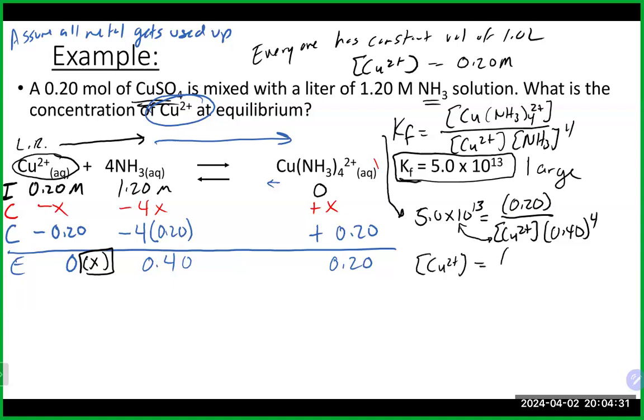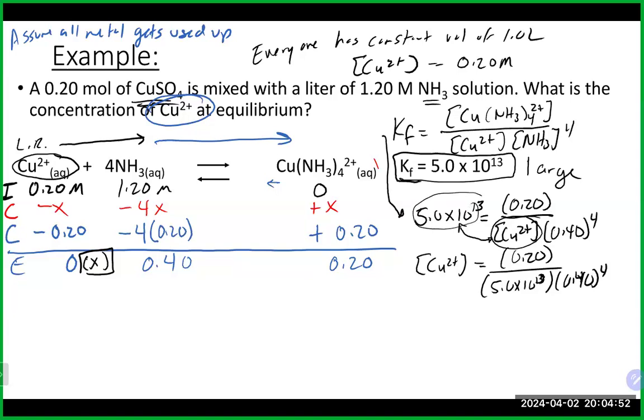So we're going to multiply the copper 2 to the other side. And that will give us 0.2 up on top, 5 times 10 to the 13 on the bottom, and our 0.4 to the 4th also on the bottom here. As this guy gets divided, this guy gets multiplied to the other side. So they basically just switch places.